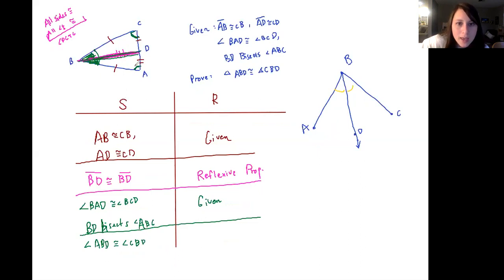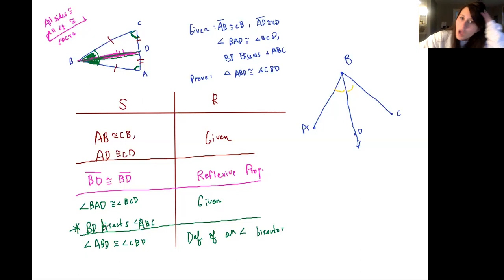I'm saying ABD right here is congruent to CBD right here. And that is because of the definition of an angle bisector. I only know that they're the same because I know what a bisector is, and it was stated that there was a bisector.